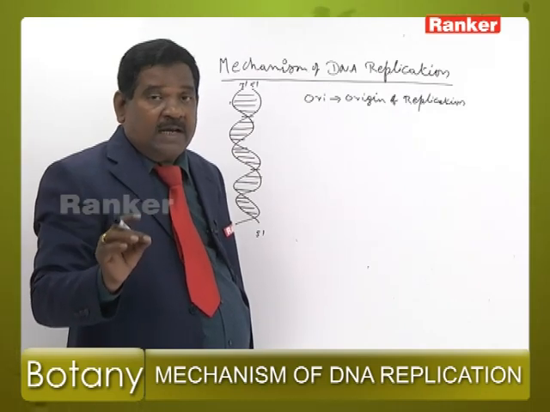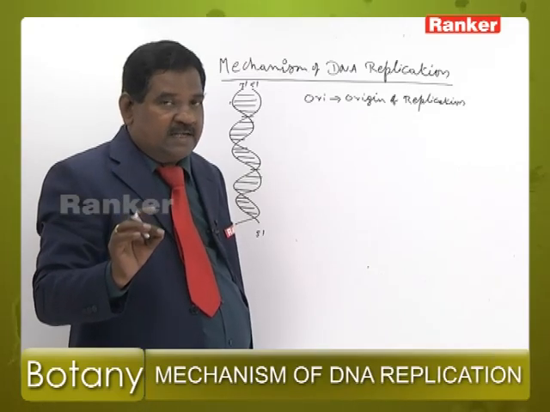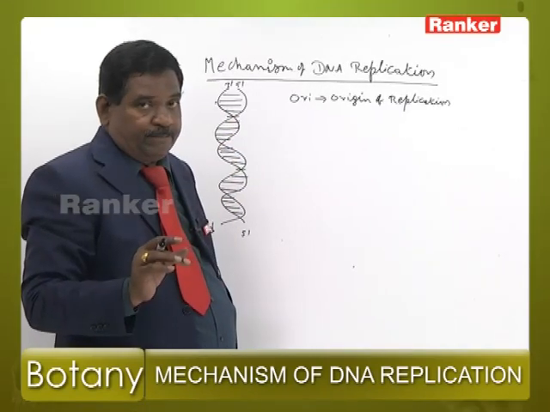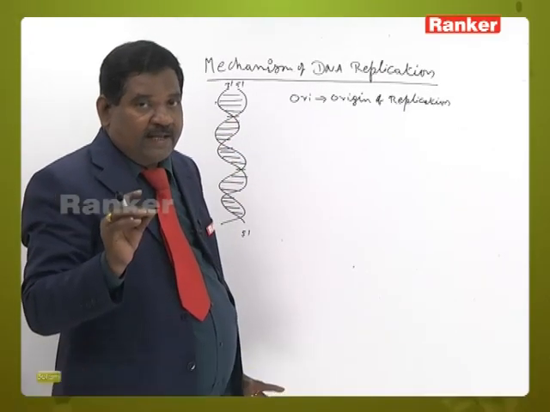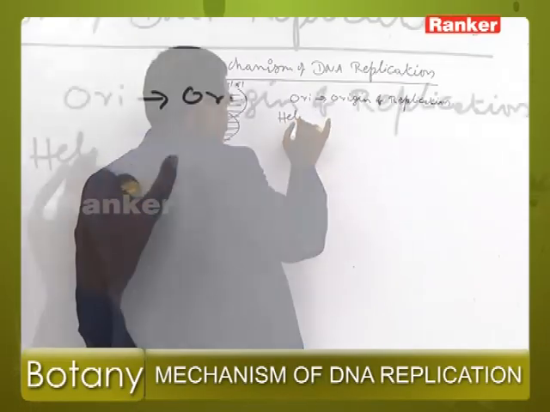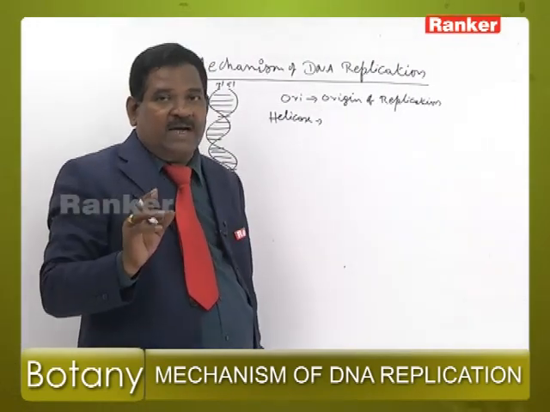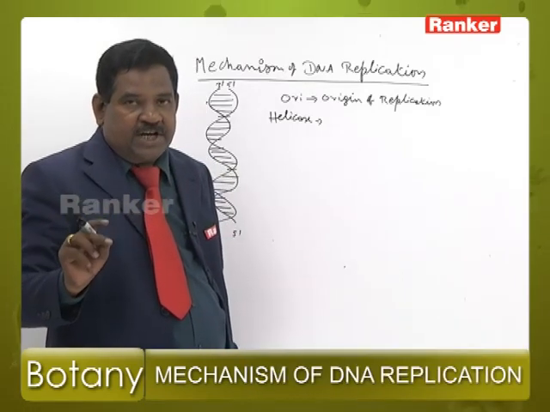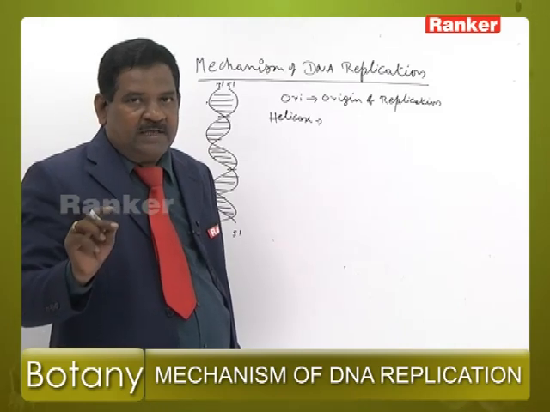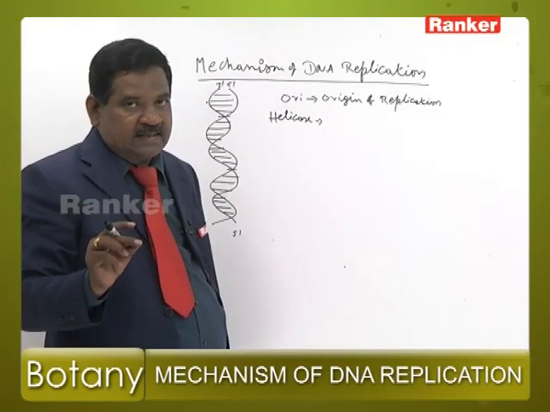ORI is nothing but a sequence of nitrogen bases in the DNA, and only in that region do the two strands unwind. The enzyme involved in this unwinding is helicase.